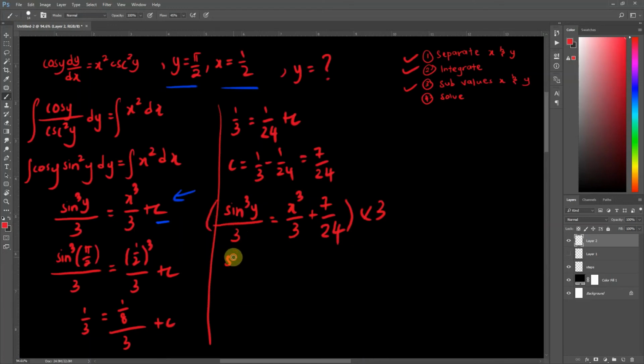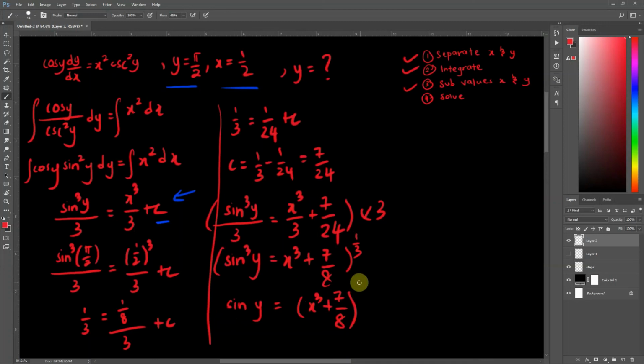We will get sine cube y equals x cube plus 7 over 8. Then we see here there is a cube. To get rid of this cube, we raise the whole thing to the power of 1 over 3. So this side will only be left with sine y, and this part is going to be x cube plus 7 over 8 to the power of 1 over 3.